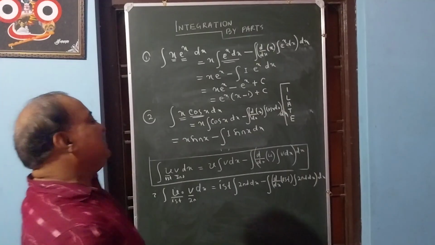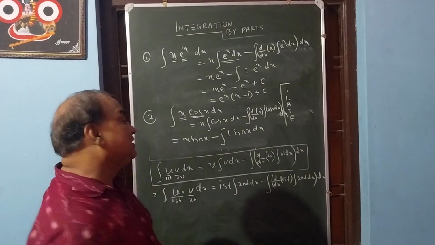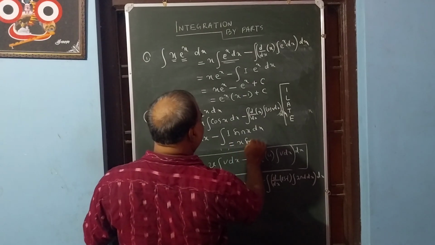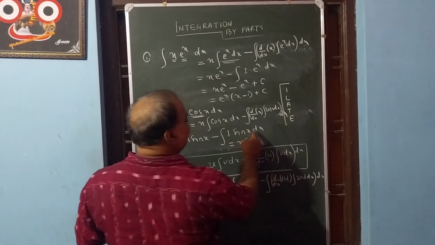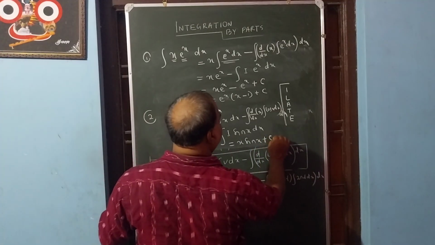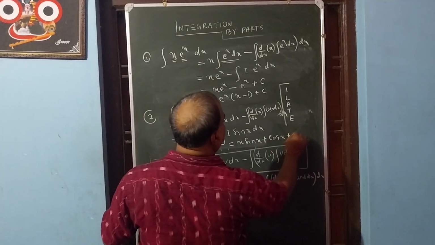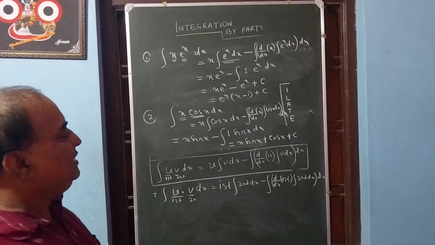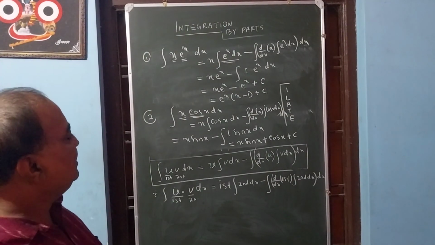Now the integration of sin x is minus cos x. So write down the last part: x sin x, integration of sin x is minus cos x, minus becomes plus. So it is cos x plus c, where c is called the integration constant.